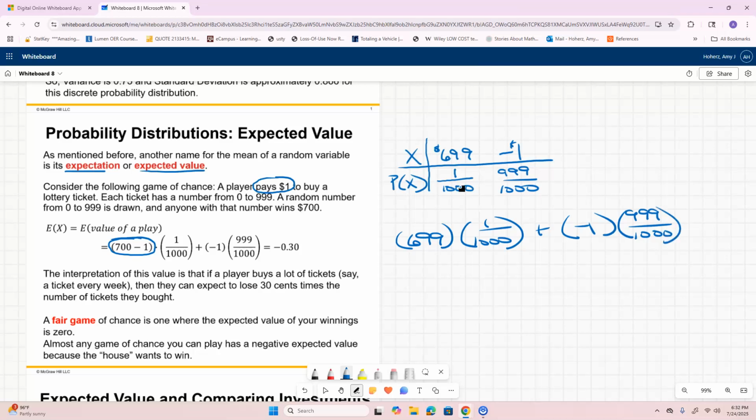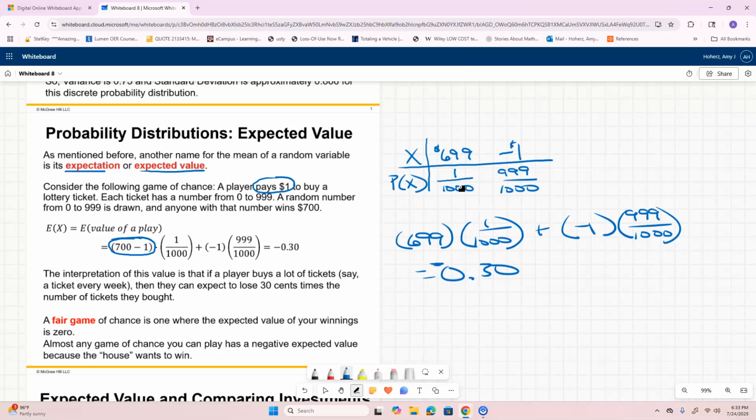I multiply that out. That comes out to be -0.30. So that means your expected losses are 30 cents per ticket.